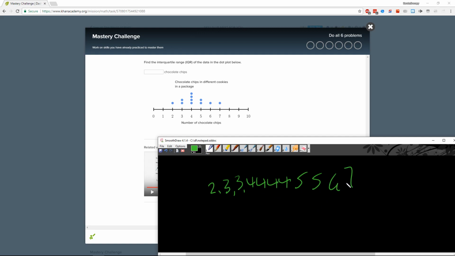Let's see, 4 is here, another 4 is here, and 3 is here. So the middle one would be right here. And then the middle of these 5 is this one, and the middle of the other 5 is this one. So the interquartile range is 2.